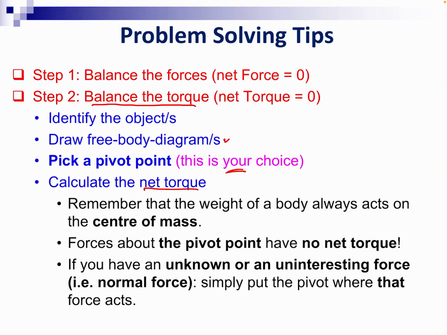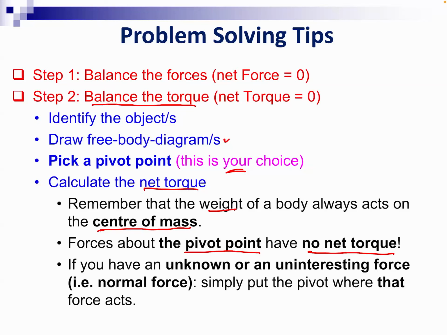Some things to remember: the weight of an object acts at its center of mass, and we've already learned that if it's a geometrical object, the center of mass is at the geometric center. The choice of pivot is important because at the pivot point, there is no net torque.